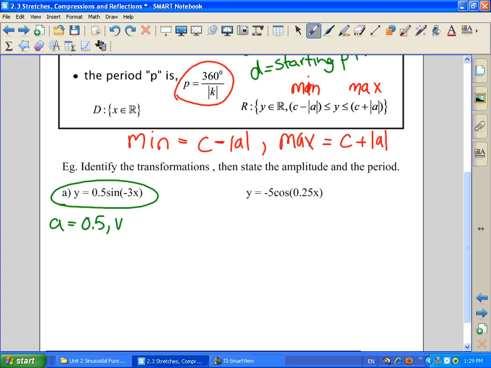What does that tell us? We have a vertical compression by 1/2. We also note that K equals -3. That means it reflects over the y-axis.